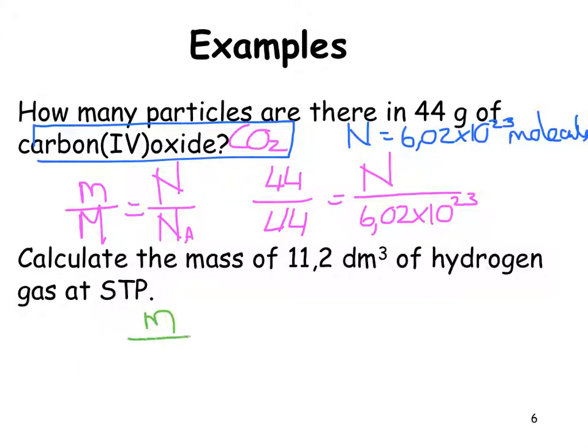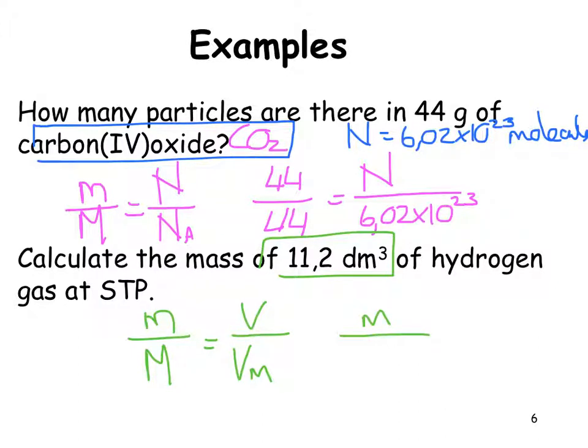Then it says calculate the mass of 11,2 decimeters cubed of hydrogen gas. So mass over molar mass is equal to volume over molar volume. Because I've been given a volume, it doesn't matter what gas I've got, I'm just going to substitute in the values. Mass is what I'm looking for. The molar mass, oh, it does matter what gas I've got because I'm looking for hydrogen gas. Hydrogen gas is H2, which means it has a molar mass of 2, 1 plus 1, not difficult.